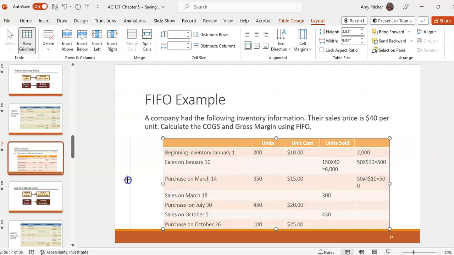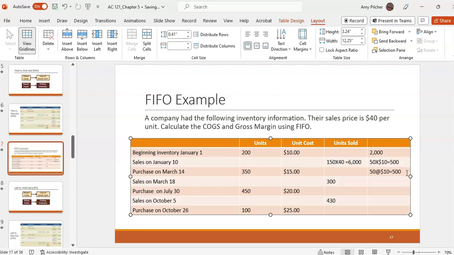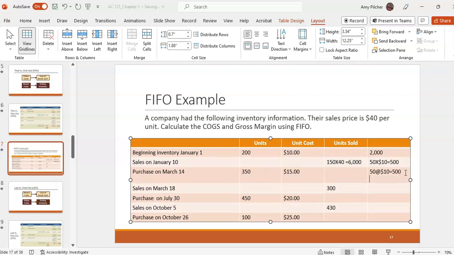And then we've also added 300 at $15, which is $4,500.